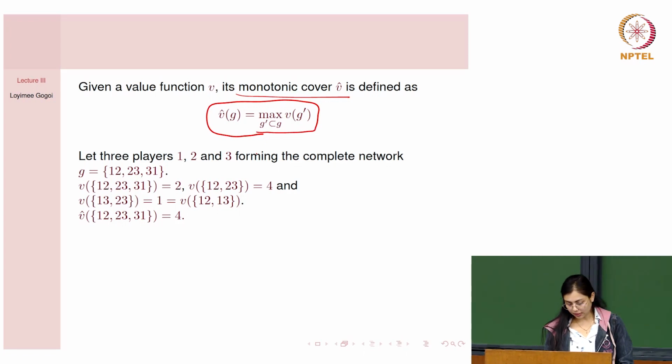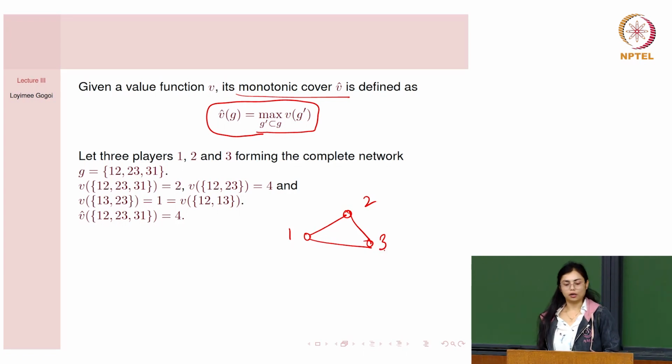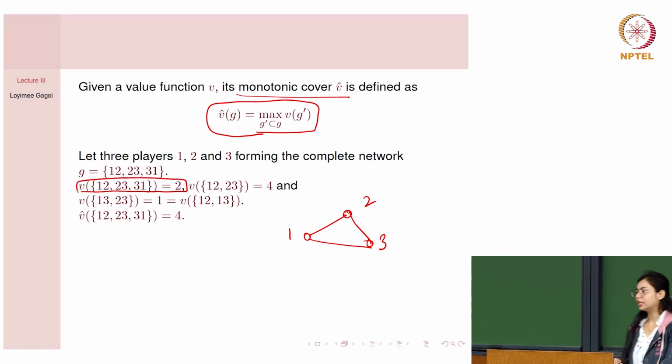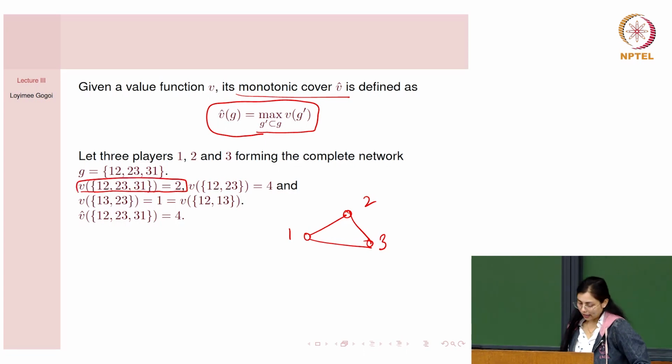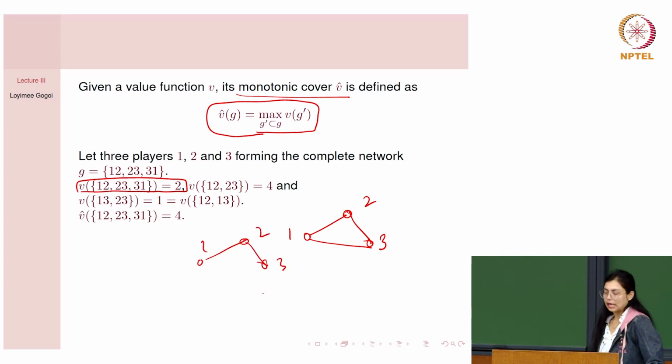Okay. So Z is one network. For example, say it's a complete network on the 3 players, 1, 2, 3, with links 1, 2, 2, 3 and 1, 3, and say it is generating 2. The complete network is generating 2, but say 1, 2 and 2, 3 is generating more than the complete network, say 4.